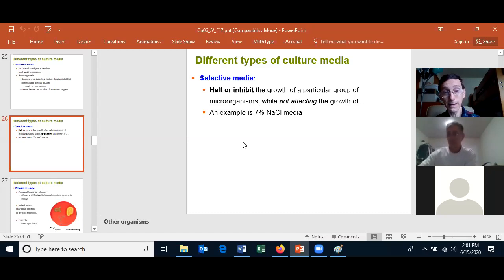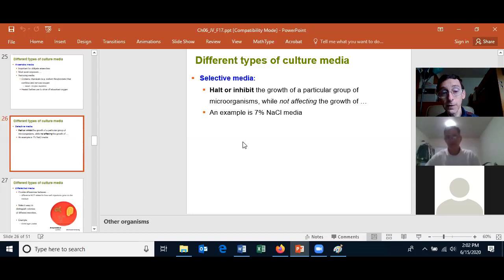An example of a selective media is one that has 7% sodium chloride in it. 7% sodium chloride selects for organisms that can tolerate or grow in 7% sodium chloride, and then inhibits organisms that cannot grow in 7% sodium chloride. Most microorganisms cannot grow in 7% sodium chloride because the most they can grow in is like 1 or 2% sodium chloride.